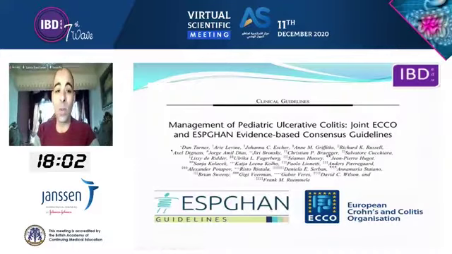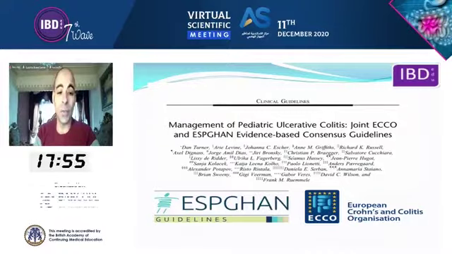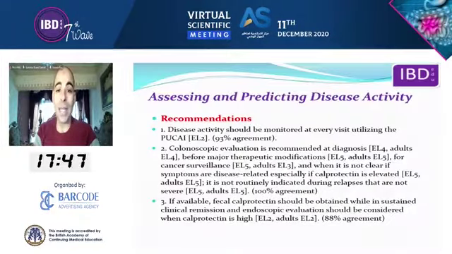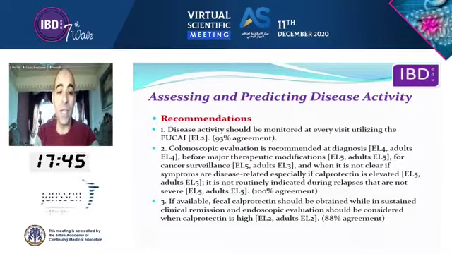Now I will talk about the management of pediatric ulcerative colitis according to the ECCO guidelines and also the guidelines of the European Society of Pediatric Gastroenterology, Hepatology and Nutrition. At first, how to assess and predict disease activity in pediatric UC.